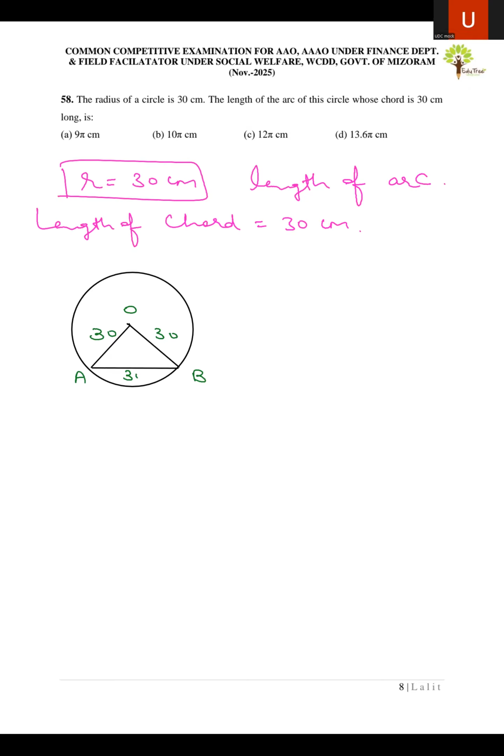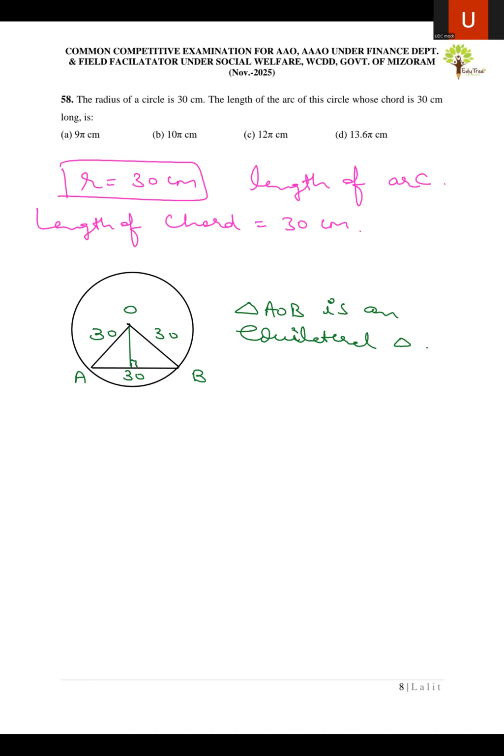As you can see, in triangle AOB all sides are equal, so triangle AOB is an equilateral triangle, in which all sides are equal. So I can simply draw a perpendicular from point O on line AB.